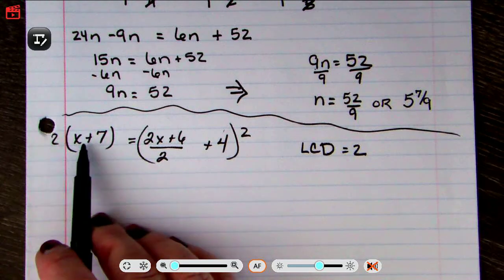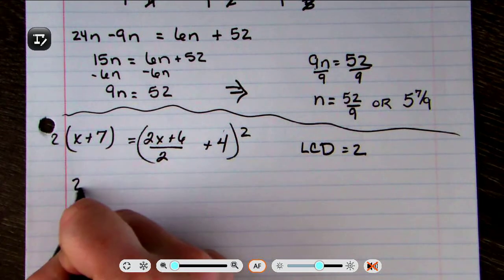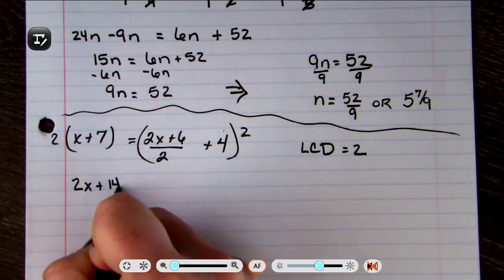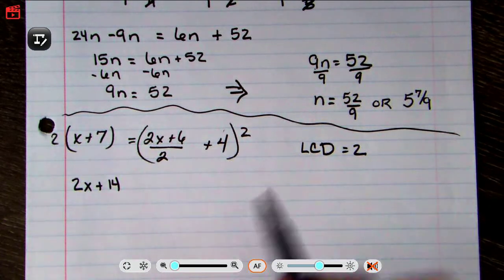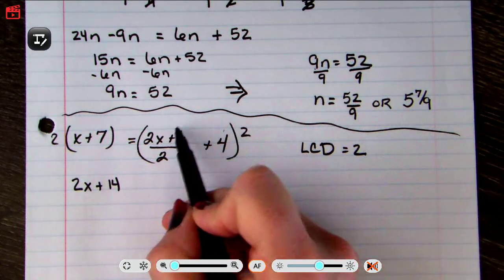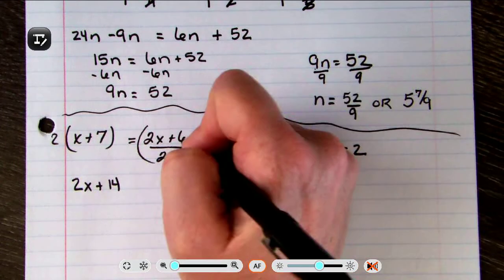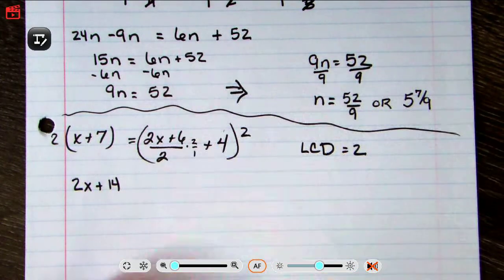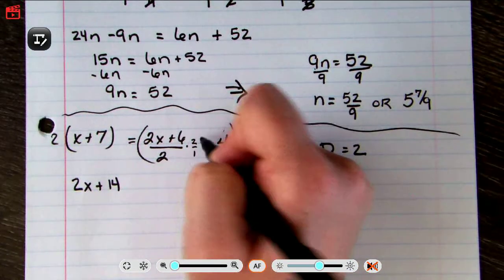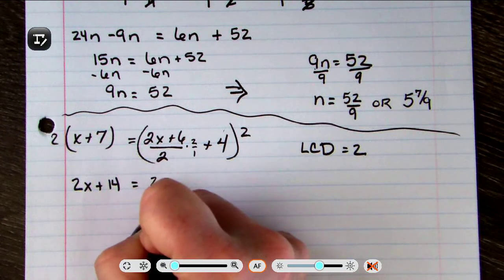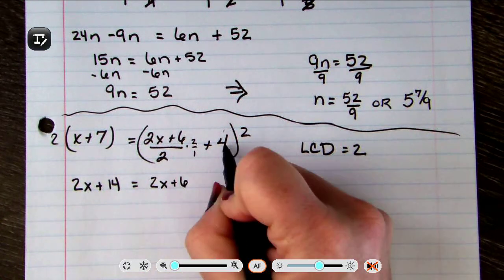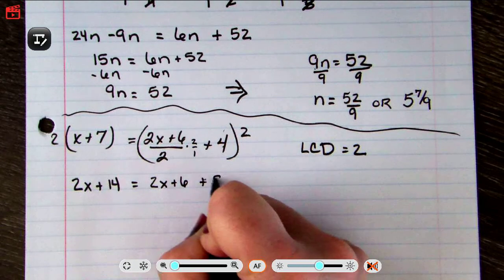So this I'm going to distribute. So I'll get my 2x plus 14 here. I'm going to distribute this 2 into both parts. So thinking this is going to be multiplied by 2 over 1, those 2's will cancel. I'll have that 2x plus 6, and my 2 times that 4 would give me an 8.